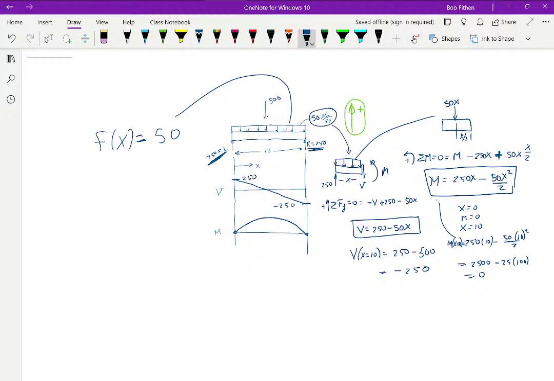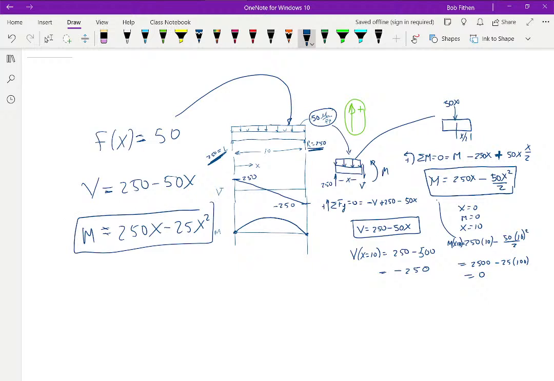That is this function. Then I have a v equal to 250 minus 50x. And then I have a moment equal to 250x minus 25x squared.